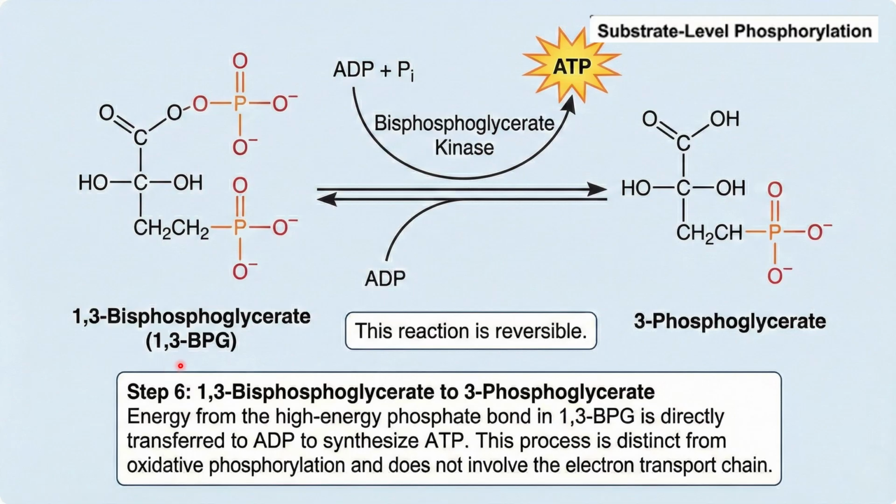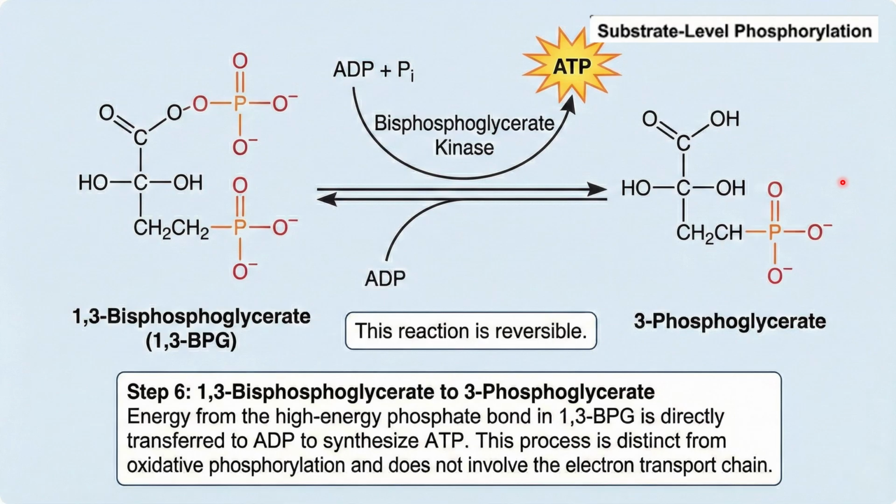So now let's see why 1,3-bisphosphoglycerate is needed before 3-phosphoglycerate is formed. Here, as you can see, the first substrate level phosphorylation is happening. In the previous step, one NADH plus H plus is formed. That NADH plus H plus will undergo the electron transport chain, will reach the inner mitochondrial membrane where the electron transport chain is present, and the electrons are transferred, and finally ATP is synthesized.